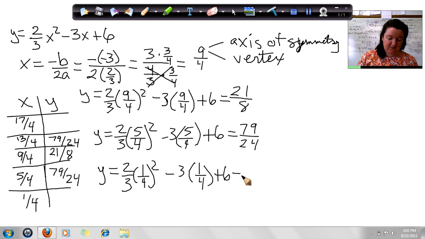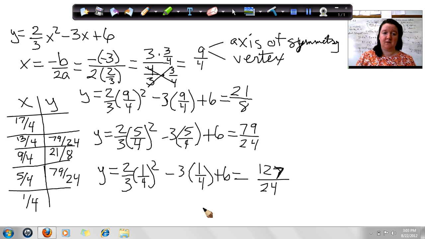So I have 2/3 times 1 over 4 squared minus 3 times 1 over 4 plus 6. And that's going to give me a value of 127 over 24.